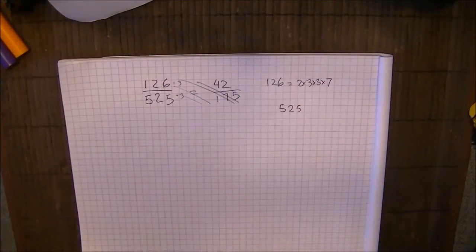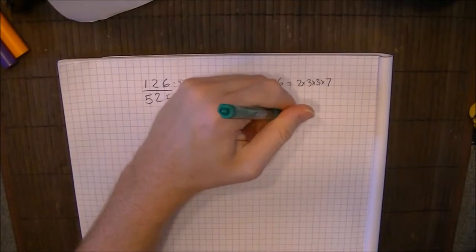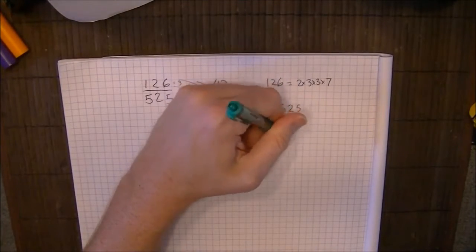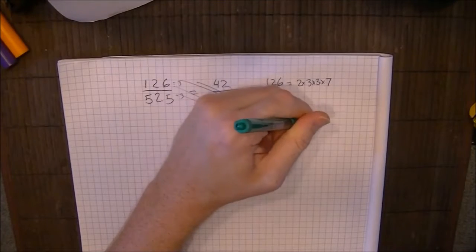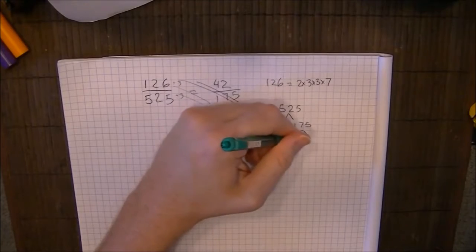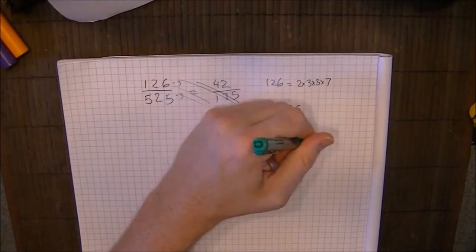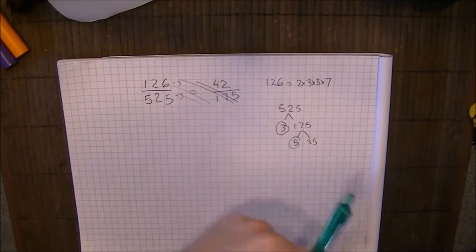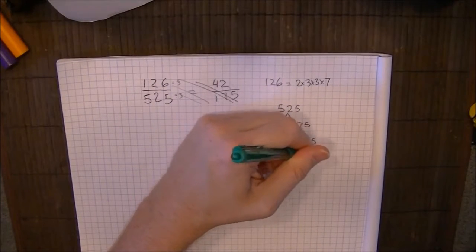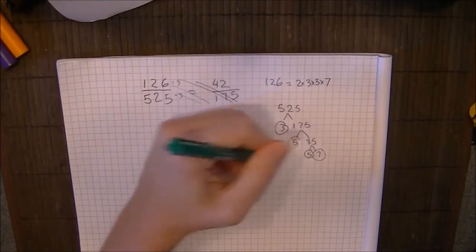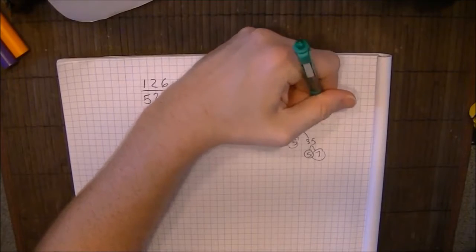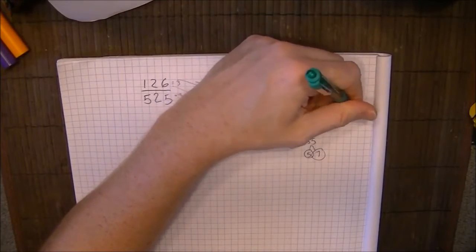I've already done the dividing by 3, so I know it's 3, which is a prime factor, times 175. And 175 is 5 times 35, and 35 is 5 times 7, which are both prime numbers. So 525 is equal to 3 times 5 times 5 times 7.